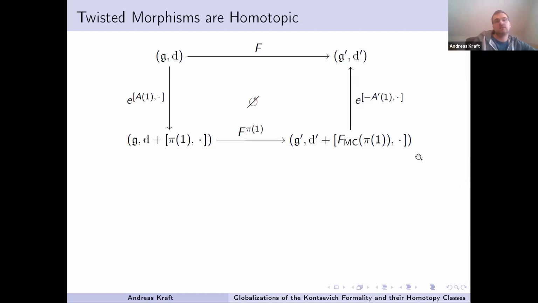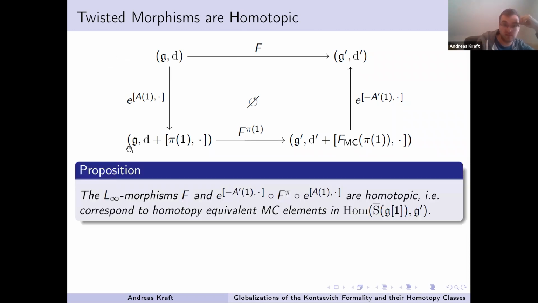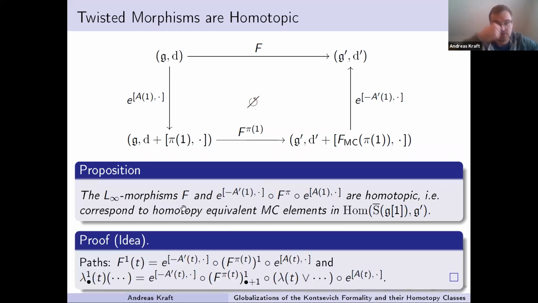Let us now consider this setting from before. We consider the twisted morphism and twist back, or we take just our morphism. The statement is that both are homotopic. This means they are homotopy equivalent in this DGLA. So we need some path between F and this twisted one, and some path lambda of t such that they satisfy this differential equation. The idea is that the path between F and this one is pretty easy.